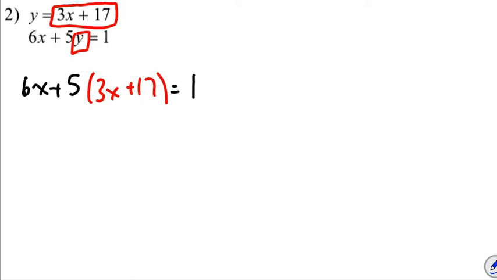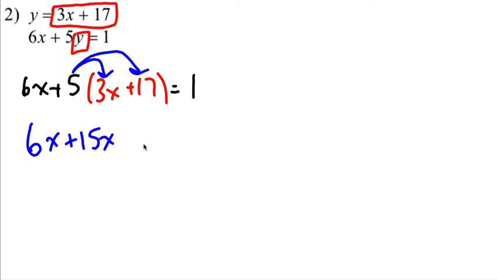Plug it in, distributive property, combine like terms, start moving. So again, with repetition, if you did all of these, you should be doing phenomenal with these problems by now, and if not, you're going to struggle, okay? So, this is why I give you a lot of practice on the tough topics, because we need them. So 5 times 3x is 15x. 5 times 17, I believe that gives you 85 equals 1.